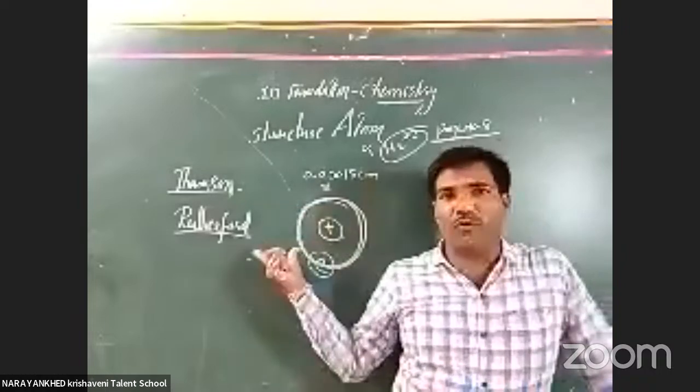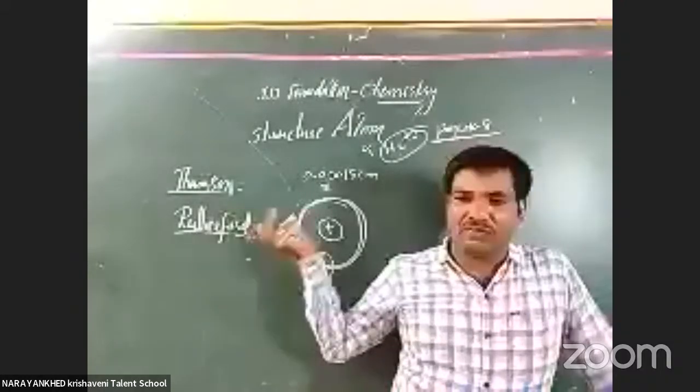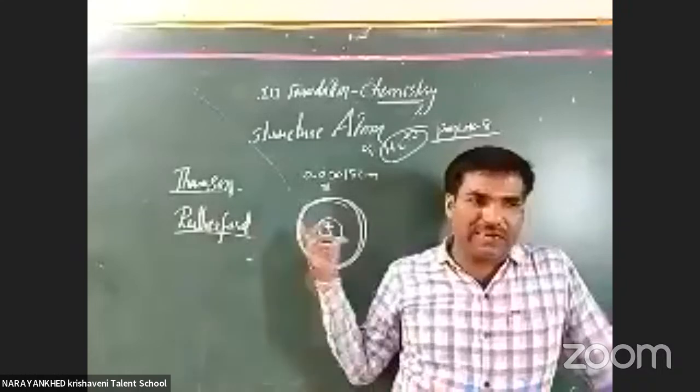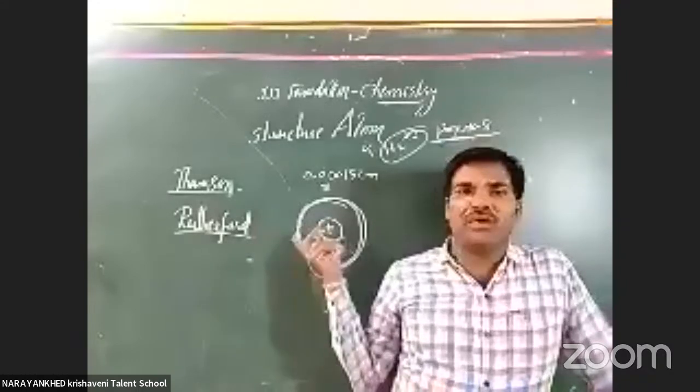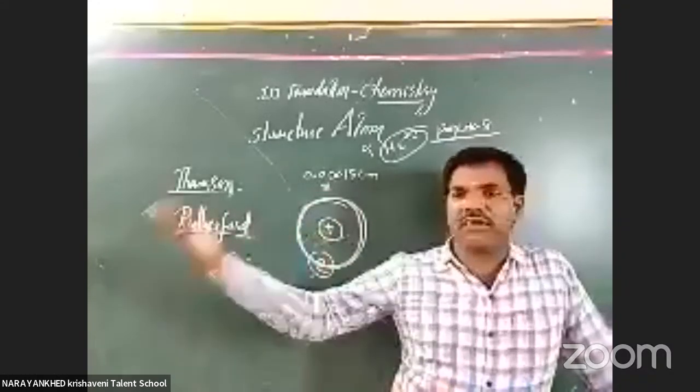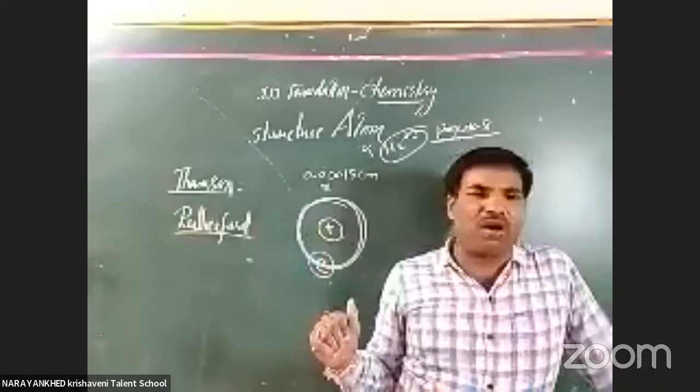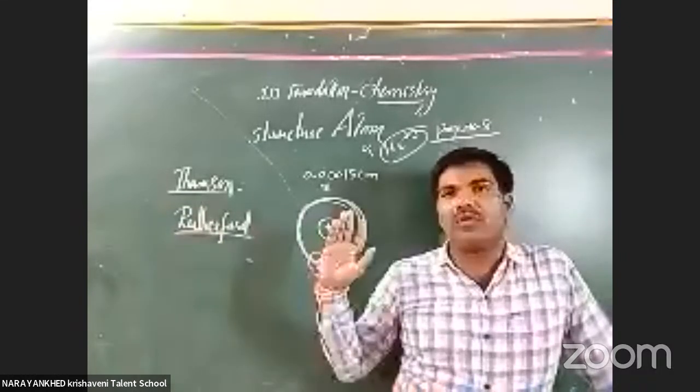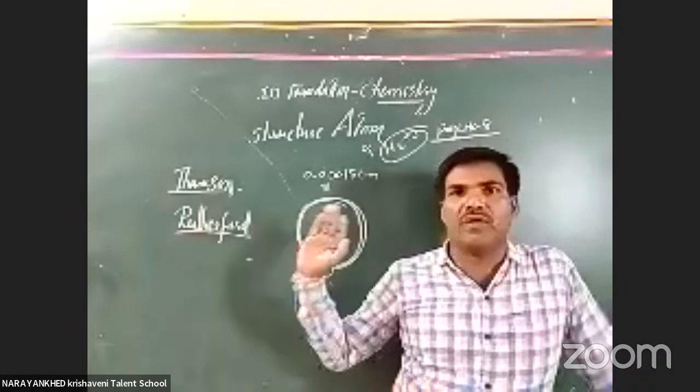Rutherford proposed an atomic structure through the alpha ray scattering experiment, which was done with gold foil, and the planetary model is comparable with our atomic model. Just as planets revolve around the sun, electrons revolve around the nucleus.